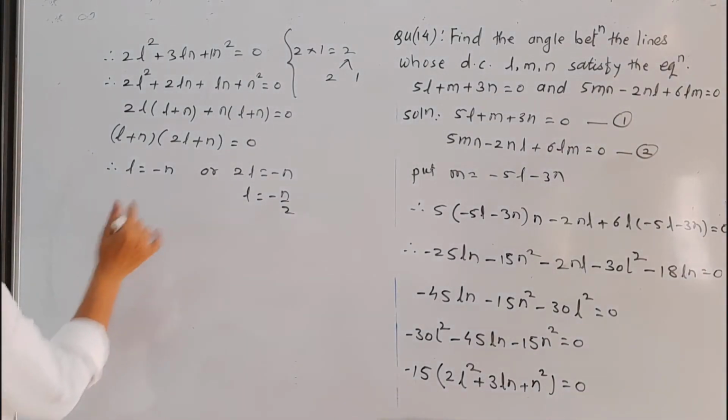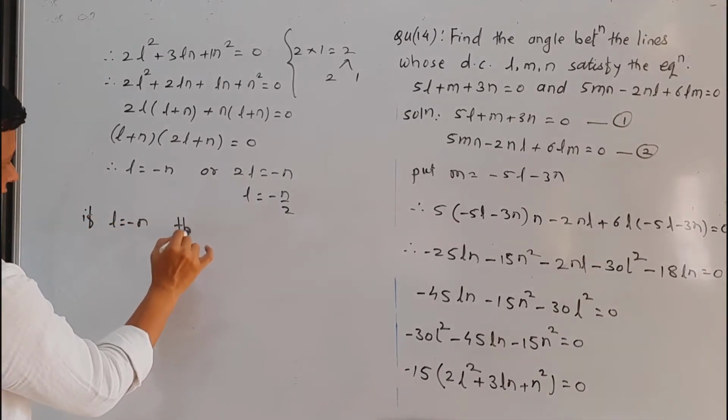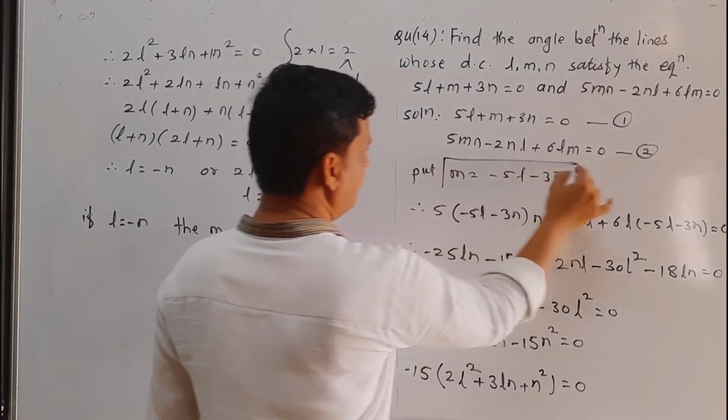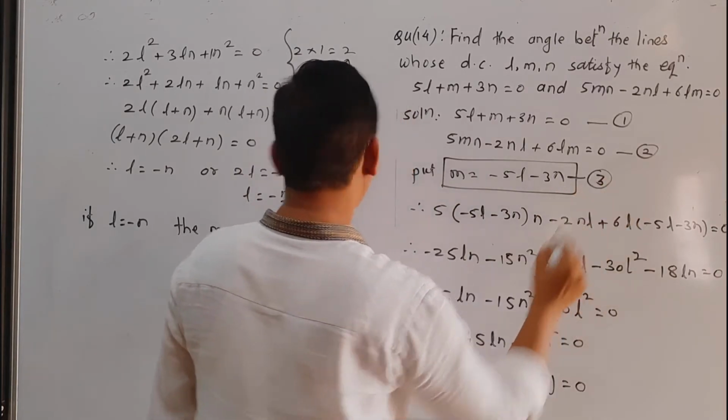Now consider here, if L equals to minus N, then M equals to, so we calculate M from this substitution. We can denote this as equation number 3.